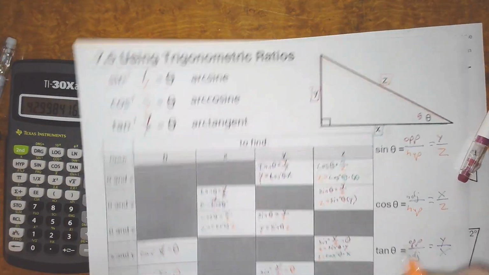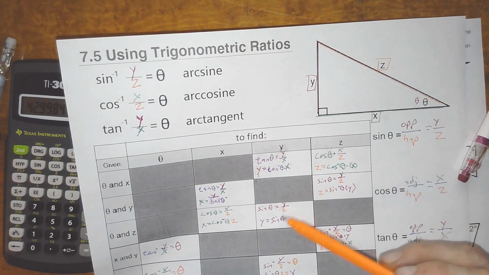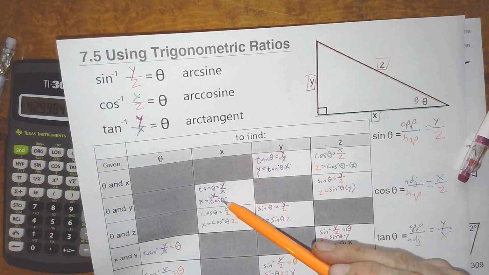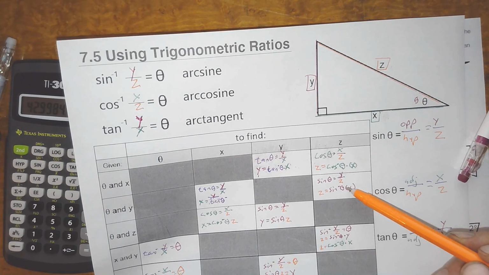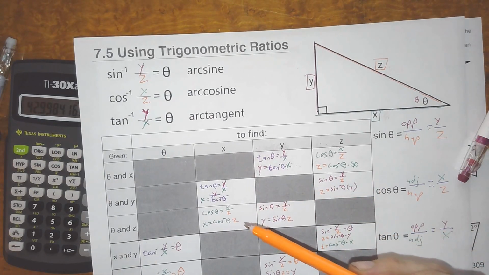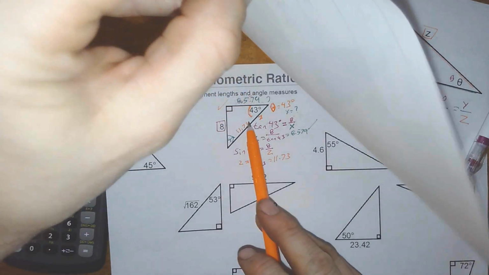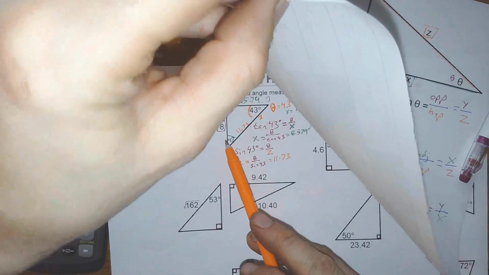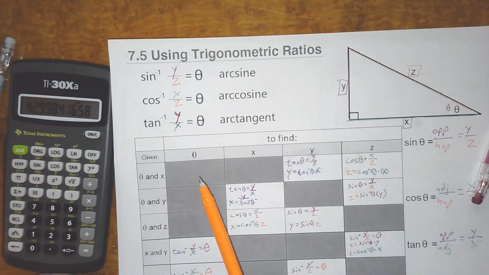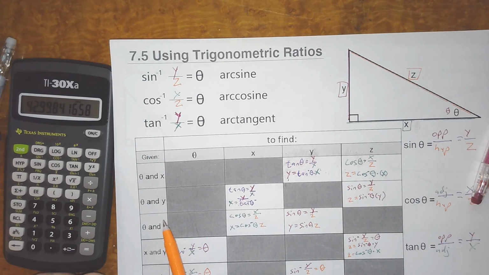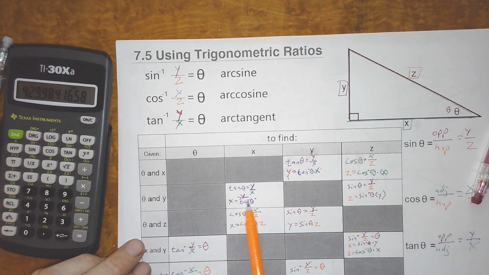Let me double check this stuff here and make sure it makes sense. And it looks like I did that stuff correctly over here. My algebra makes sense over there, because over here I was given theta and y.